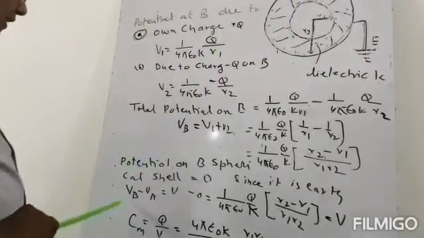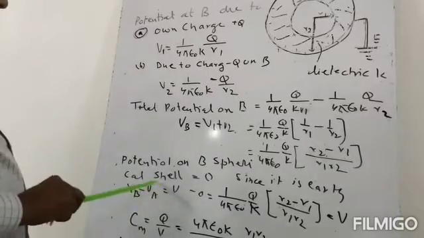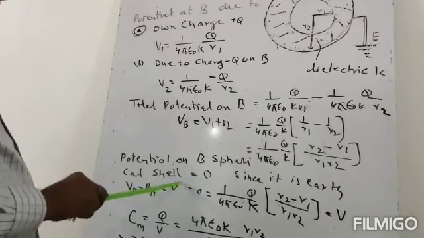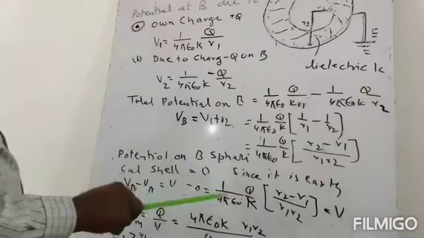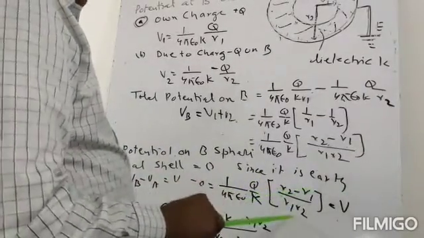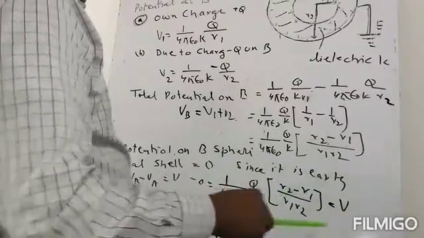So we can call this potential difference V. The potential V will be equal to 1 by 4 pi epsilon 0 K, Q into R2 minus R1 by R1 R2.